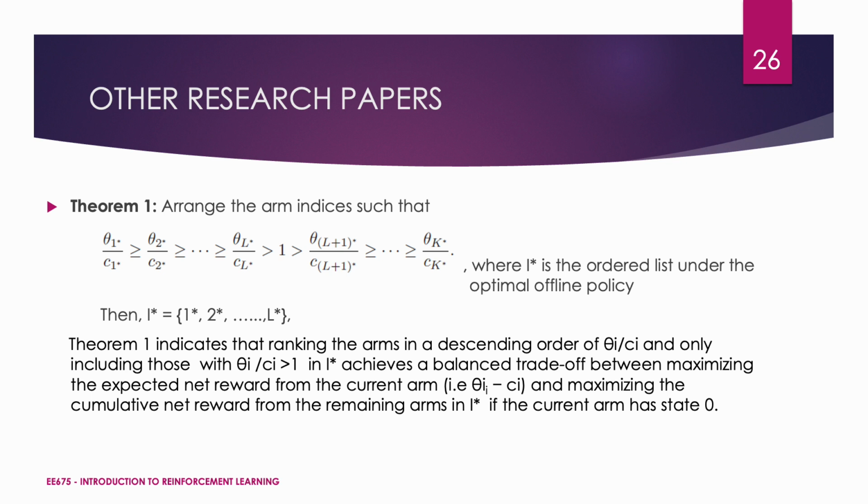The theorem shows that ranking the arms based on the ratio of theta I to Ci and including all those with theta I by Ci ratio greater than 1 in I star achieves a balanced trade-off. This balance maximizes the expected net reward from the current arm while also maximizing the cumulative net reward from the remaining arms in I star if the current arm has state 0.